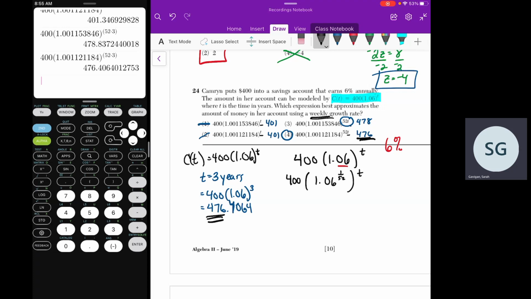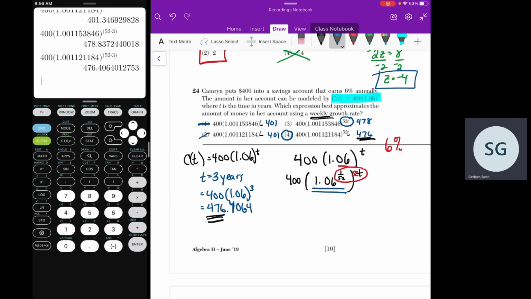So what you're going to do is counteract that. If I raise 1.06 to the 1/52, but then raise that whole thing to the 52, 1/52 and 52 multiplied to +1, which cancels that move out.